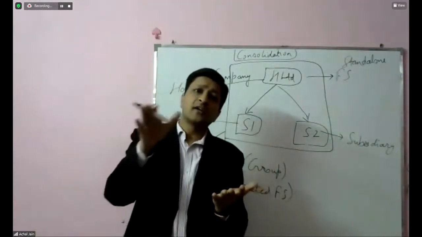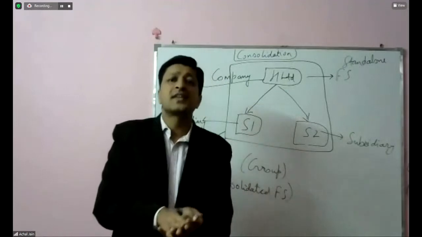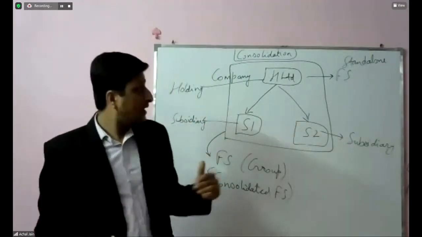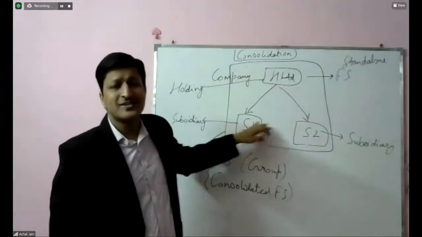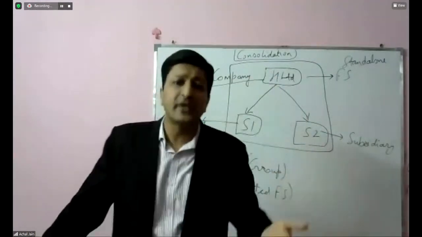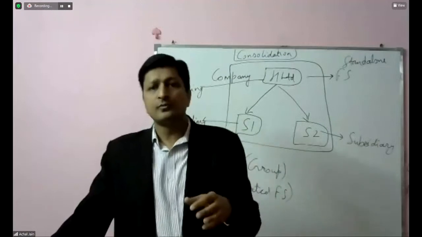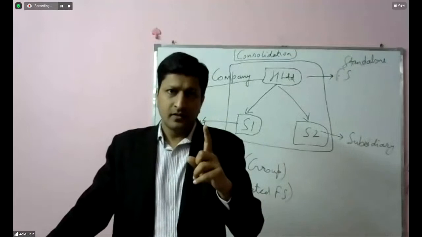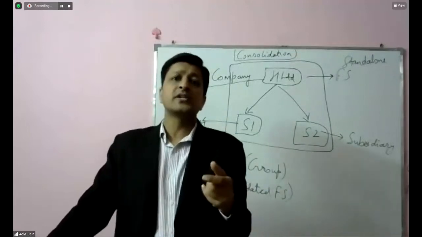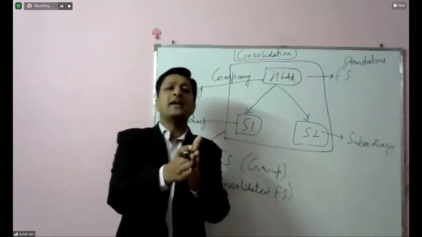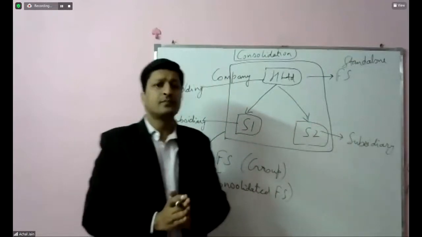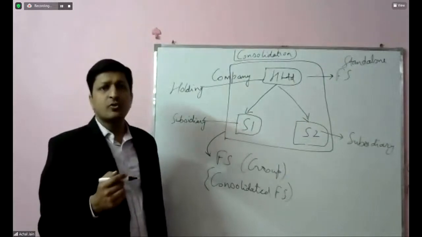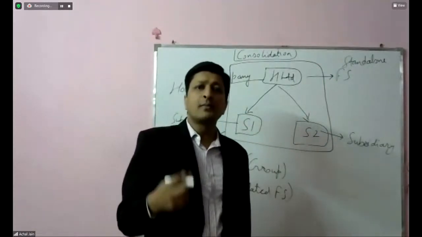You should consider all of them as a single economic entity. I'm repeating my point. Instead of considering these three entities as different, you should consider them as if it's one entity. And then you prepare the financial statements of these three combined entities. The term which I have used is single economic entity.